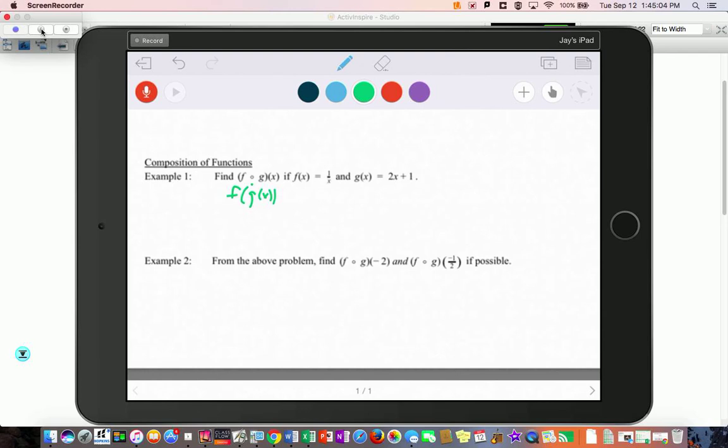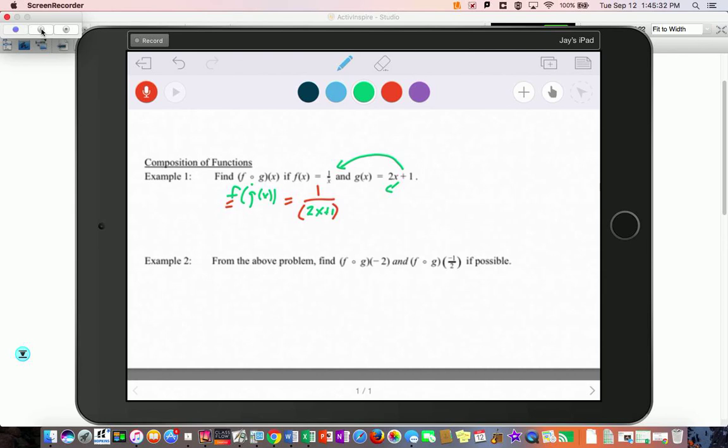So we're going to take this function and put it into that one. So if I write it out, it's going to look like 1 over something is my function f, and what's going in there is this 2x plus 1. And so then that would be the composition, g going into f.